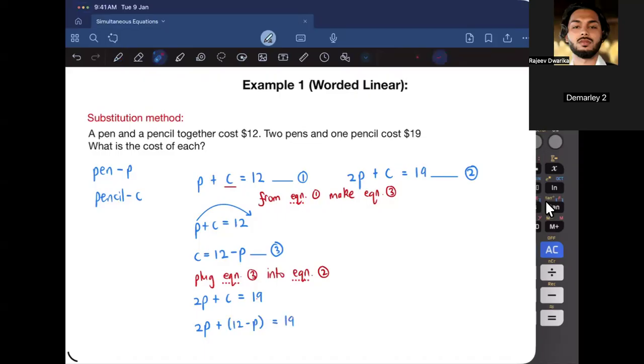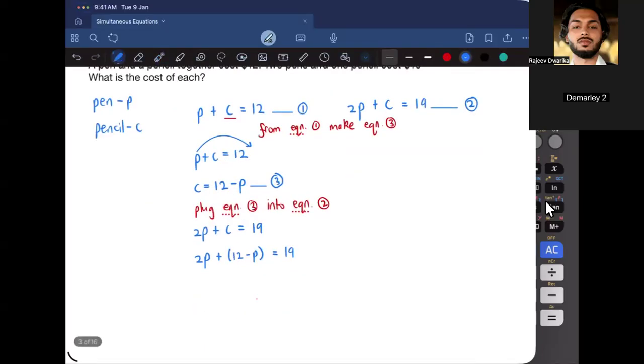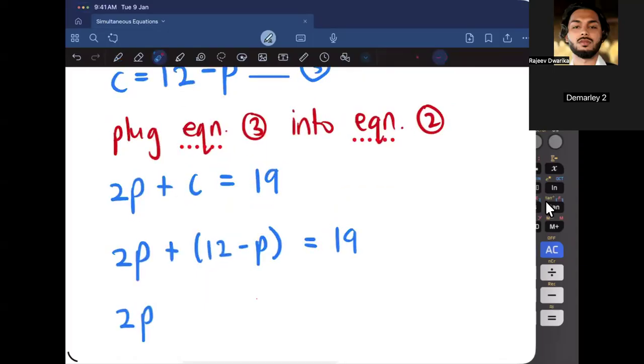So you understand, all I did was replace C with 12 minus P. Simple? Yes. And so now I could drop the brackets. Since there was a positive sign on the outside, I'm not going to change the sign of anything on the inside. Why is that? I'm going to ask that question: what's a positive by a positive? A positive. What's a positive by a negative? A negative. So watch. If I multiply everything on the inside by plus 1, what's plus 1 by 12?